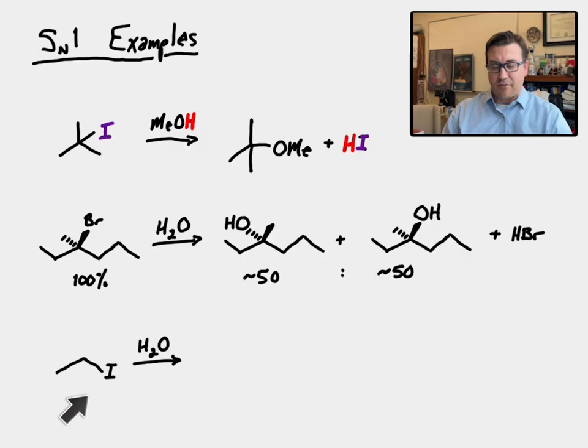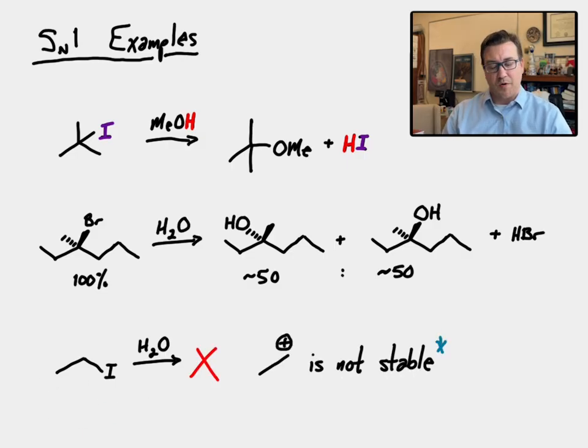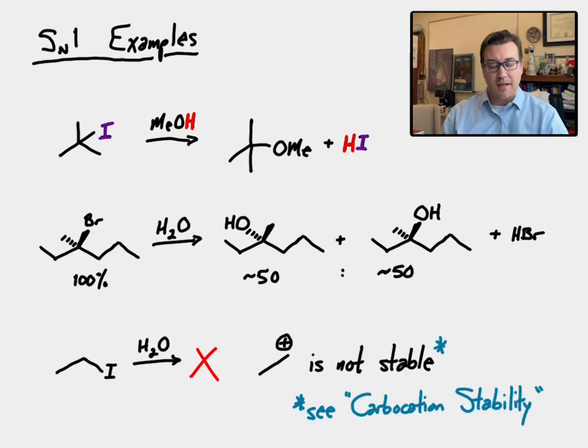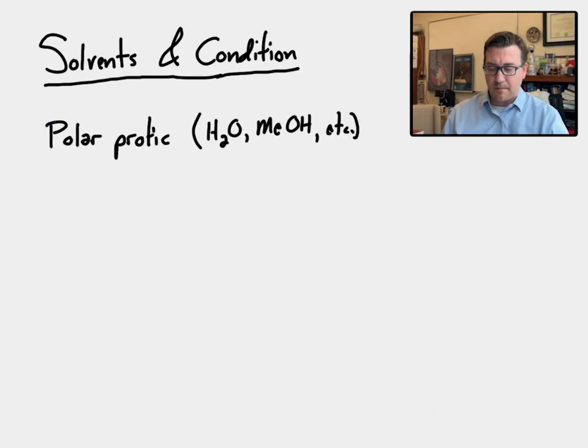In this case, we have a primary alkyl halide with water, and you would not predict that this reaction is going to work simply because this primary carbocation is not stable. I want you to eventually watch the video on carbocation stability to understand how you could predict these various stabilities.